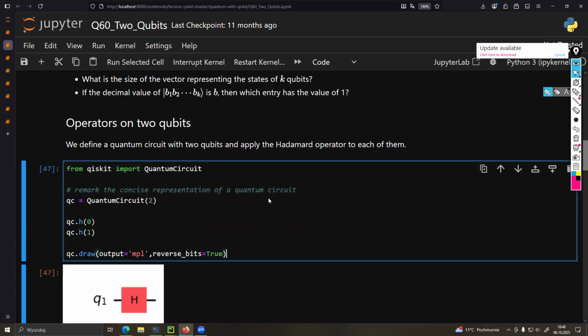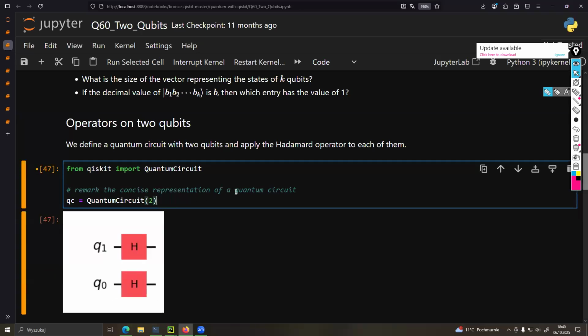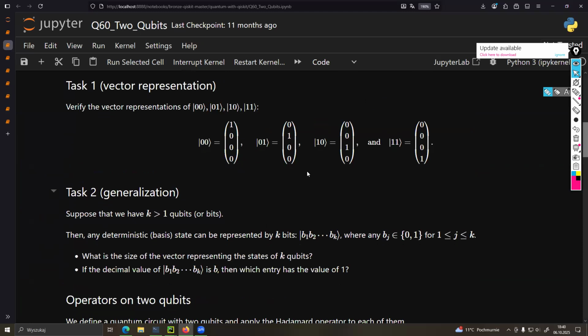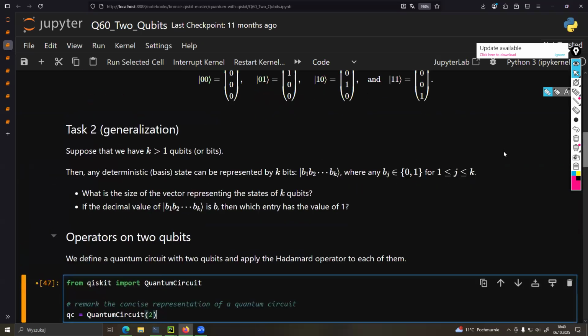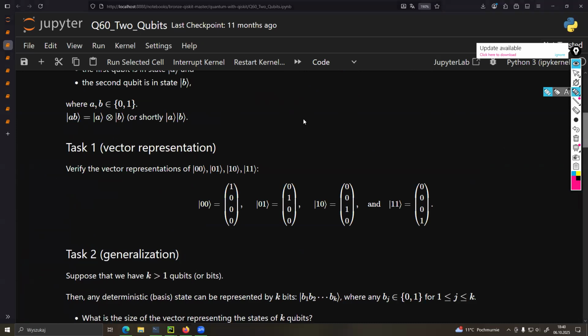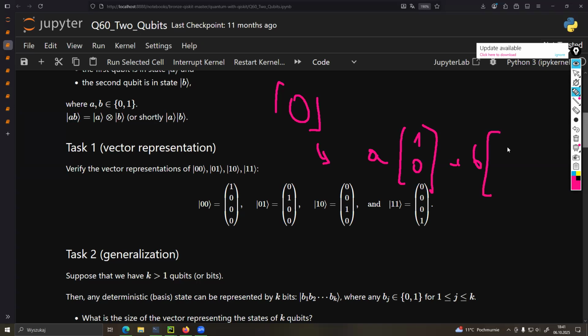So you probably don't have this filled in your notebooks, but here is the gist. When we had a simple classical probabilistic bit, we represented it as a certain combination of state 1 and state 0.